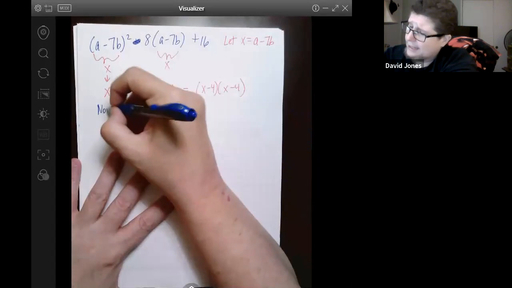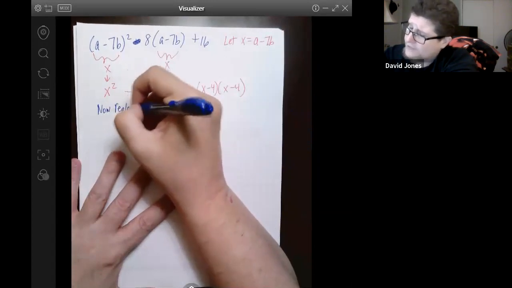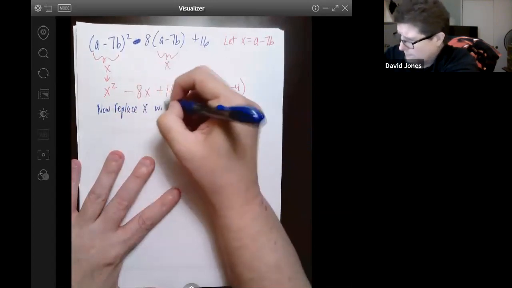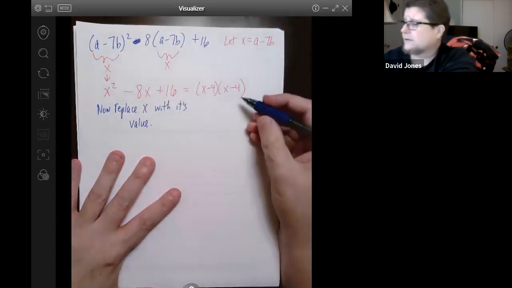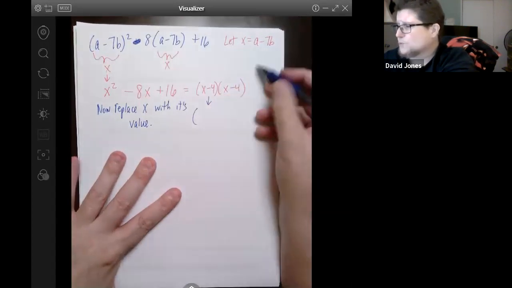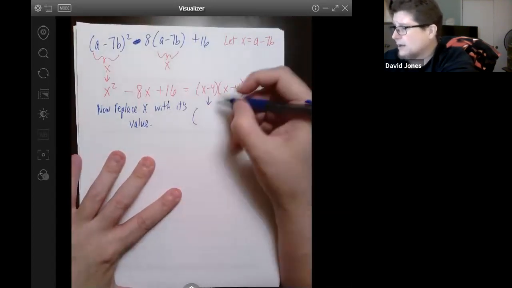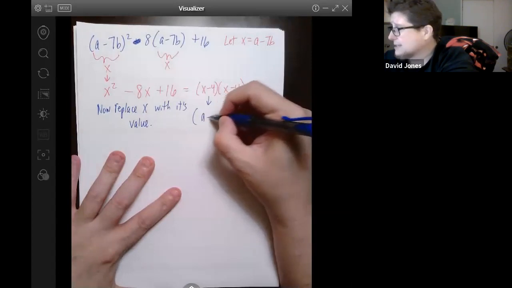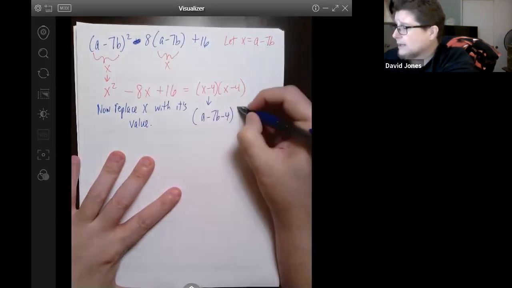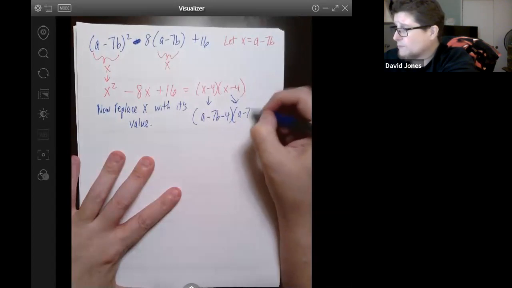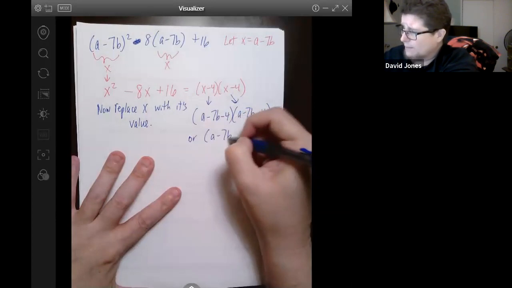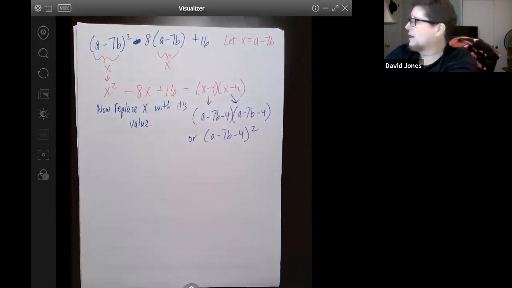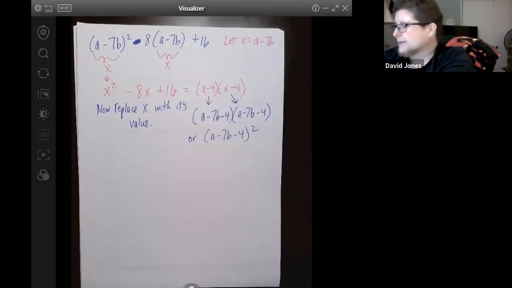Now replace x with its value. x was a minus 7b, so I should have a minus 7b minus 4 and a minus 7b minus 4, or a minus 7b minus 4 squared. So MyMathLab will throw you some problems like that.